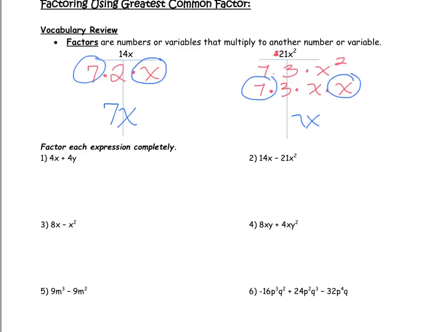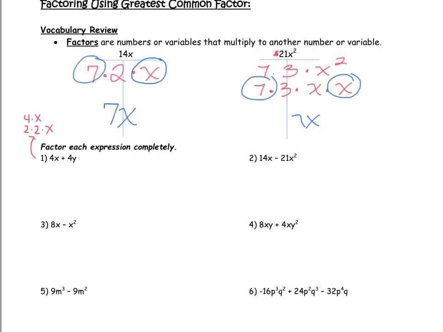So let's look at number 1. We've got 4x on one side and we've got 4y on the other. So let's break down 4x on one of the sides. So I'm going to put, I guess I'll put it up here. 4x means 4 times x. 4 can be broken down into 2 times 2 times x. Now, let's do 4y on the other side.